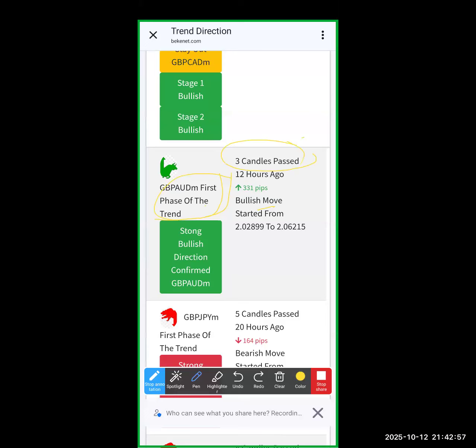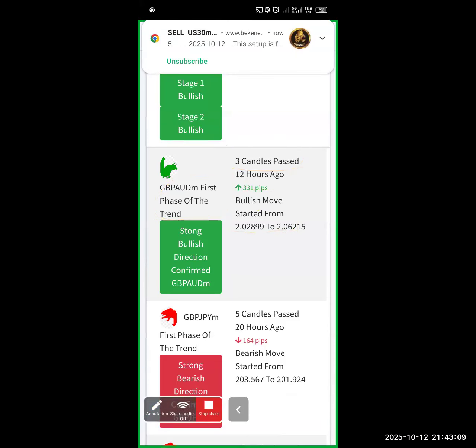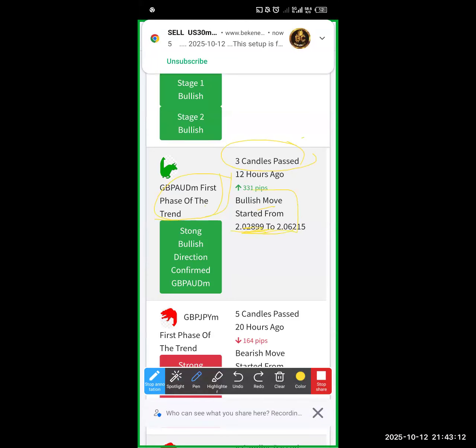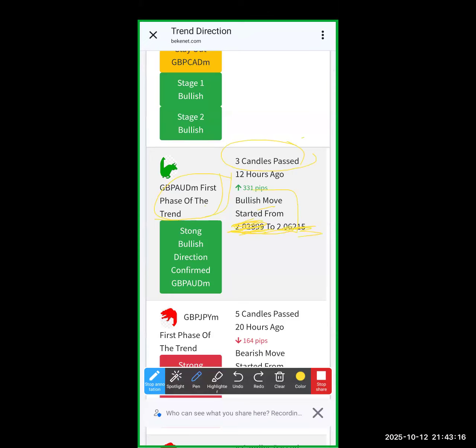Because we are using the 4 hours time frame, each number represents one candle. So it's telling us this price has moved 3 candles, that's 12 hours ago. That's why you have this bullish direction. If you plot this, you'll be able to trace where the bullish move started from, ended here. This is the current market price. So if I want to take a trade from here, I always use the first phase.